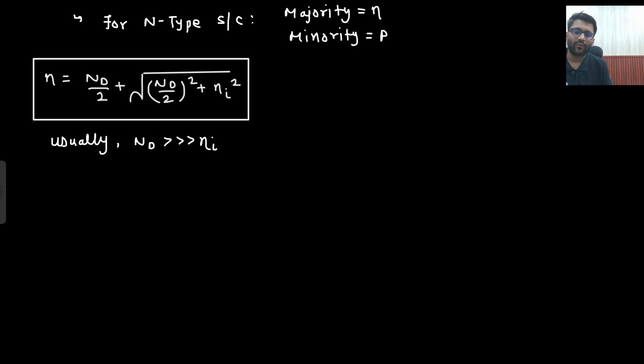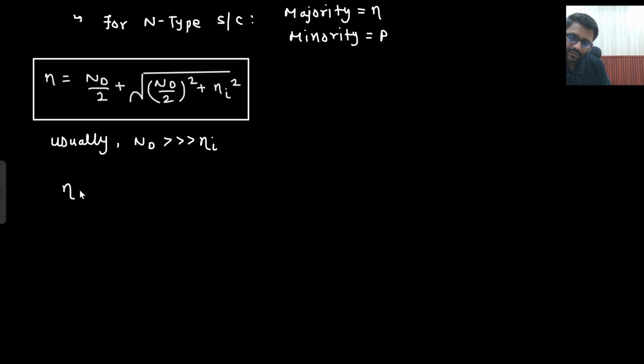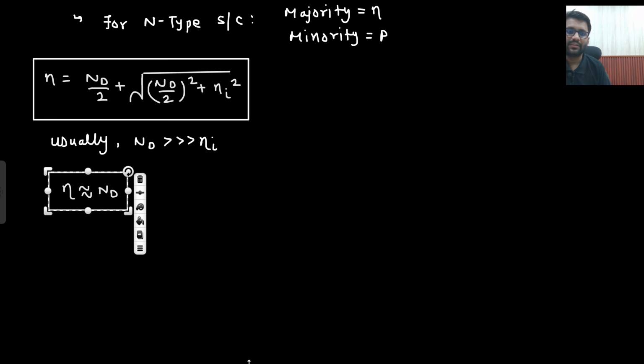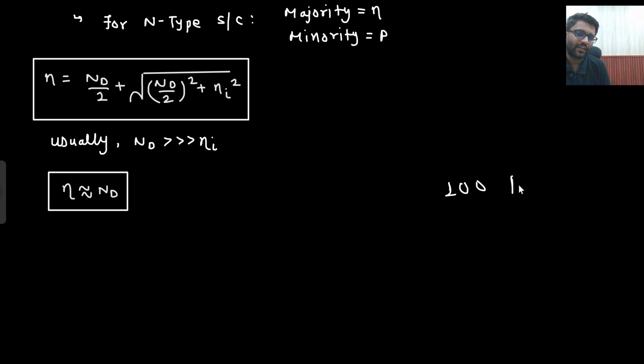So your electron concentration will roughly be equal to the number of donor atoms, the number of donor atoms which are ionized. What I am saying, let's just say I have put 100 phosphorus atoms. So 100 phosphorus atoms will give me 100 electrons, because 4 are making the bond and 1 is nearly free.